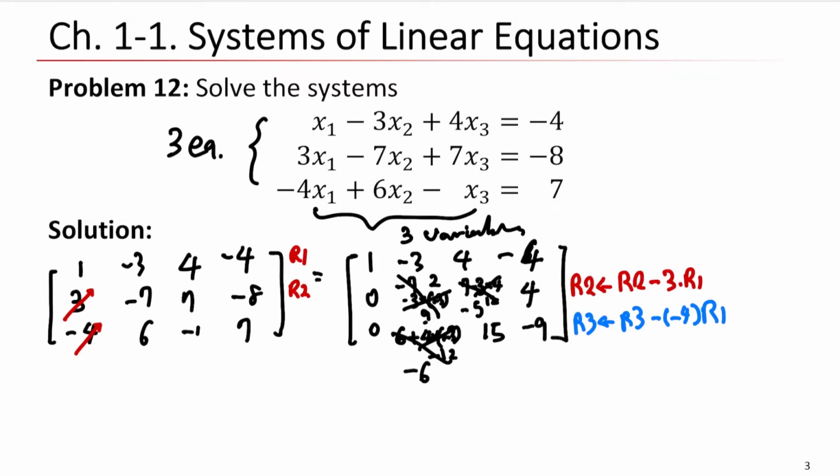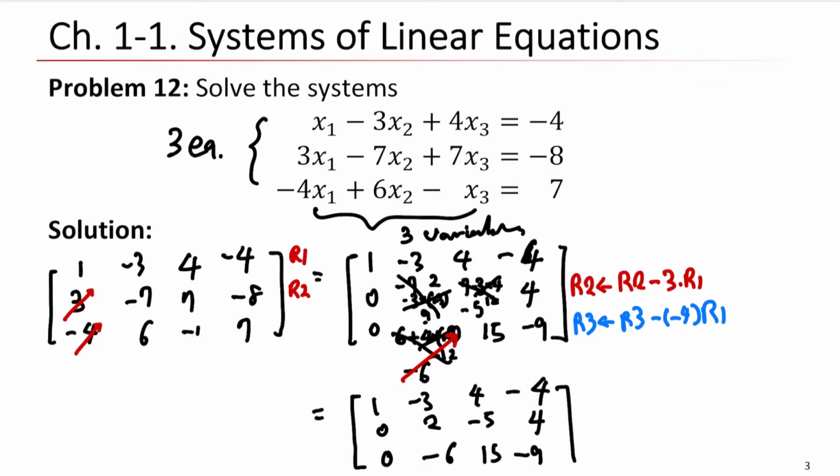So what will be next? We also have to remove this term, right? Let's rewrite: -4, -4, 0, 2, -5, 4, -6, 15, -9.